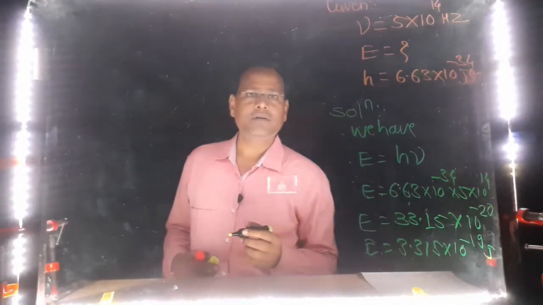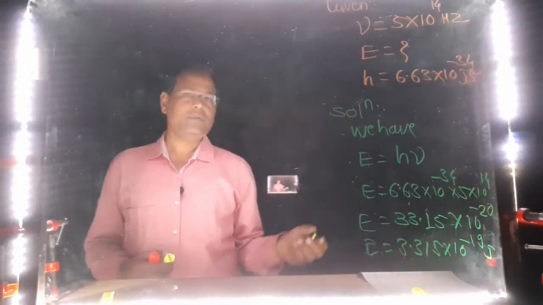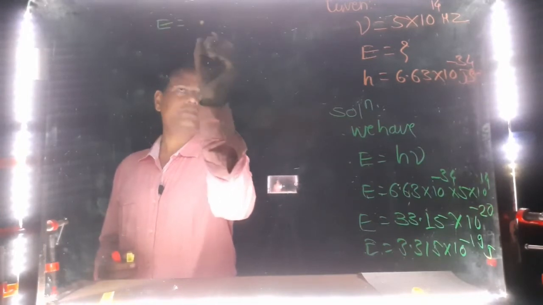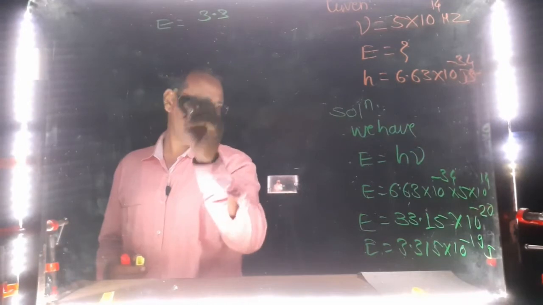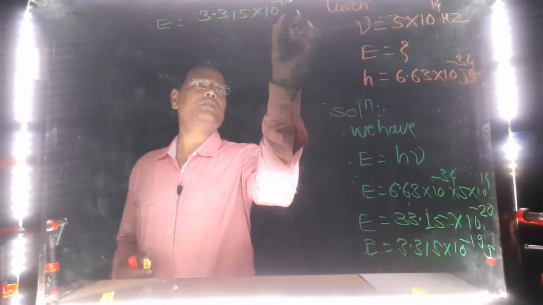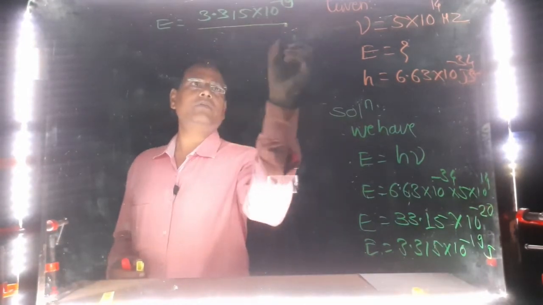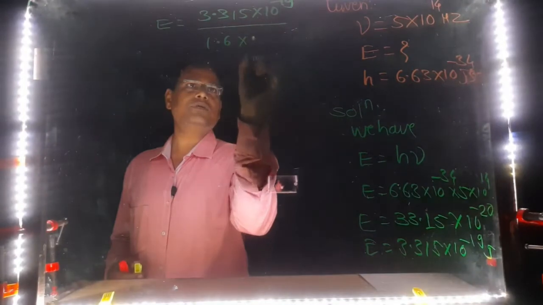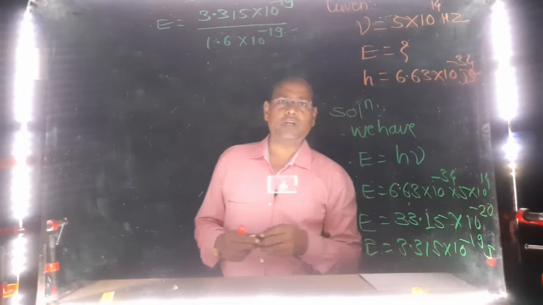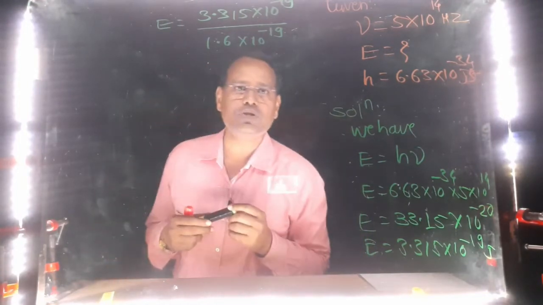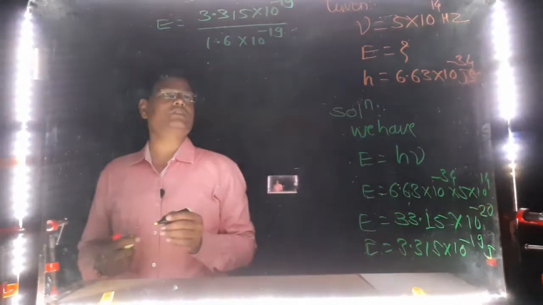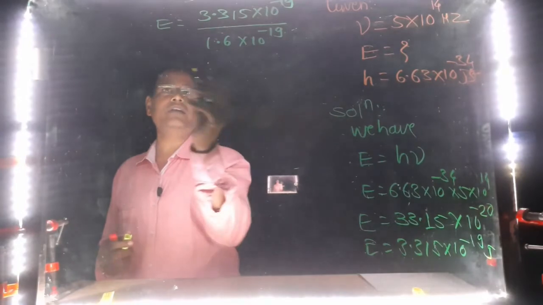We can convert it into electron volt. So we can write this energy as 3.315 × 10^-19 divided by 1.6 × 10^-19. For conversion of energy from joule to electron volt, we have to divide the energy in joule by 1.6 × 10^-19. The 10^-19 gets cancelled.